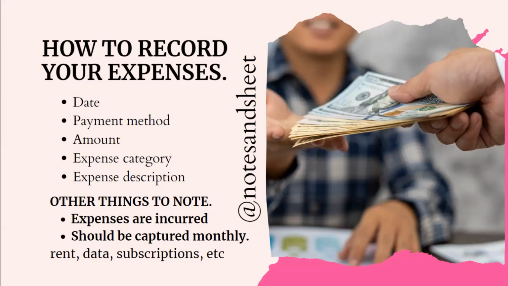If you pay for Canva, you pay for using your website, you pay for your domain name, all these things are subscriptions that you pay every month, right? So you can categorize everything together under subscriptions, so it's easy for you to locate them. That's the essence of categorizing them.